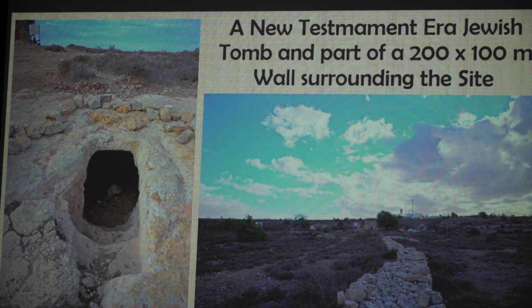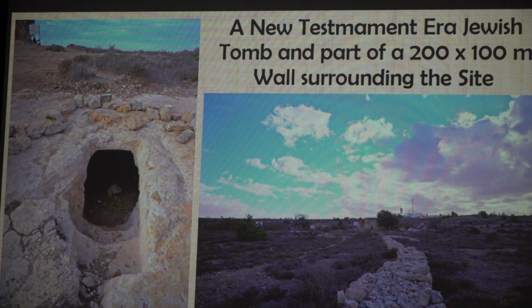The fact that a lot of Jewish New Testament-era tombs have been discovered along the periphery of this mountain suggests that it has some sort of religious significance as well. So even Jews that lived at the time of Christ might have recognized that this actually was the high place and religious site of Bethel related to Jacob as well as Jeroboam.